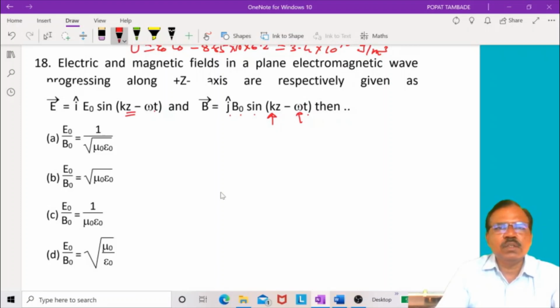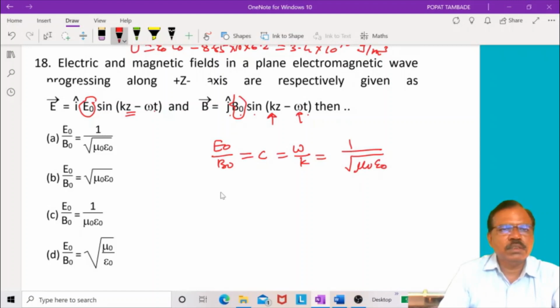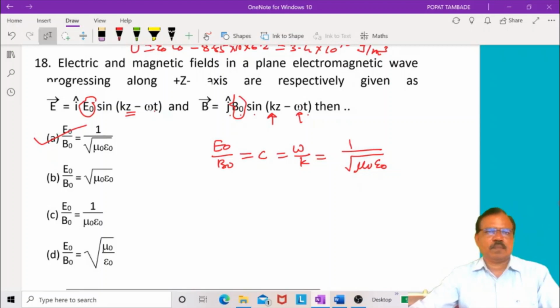Then what is E0 upon B0? E0 is the peak value, B0 is the peak value. So this E0 upon B0 is the speed of light, it is omega by k, or it comes out to be 1 upon root of mu 0 epsilon 0. So E0 upon B0, it is this first one.